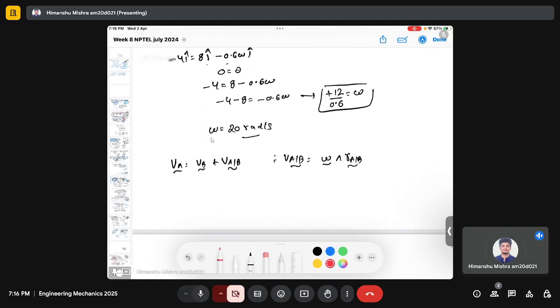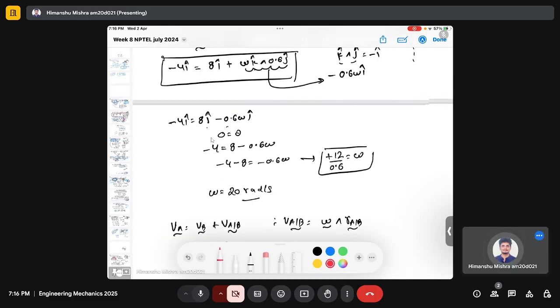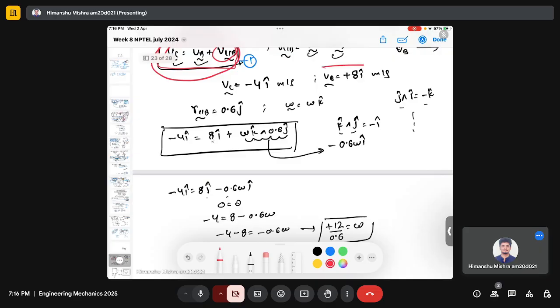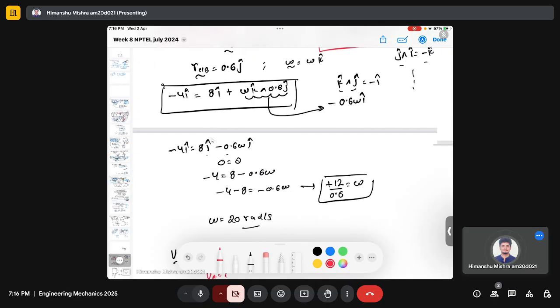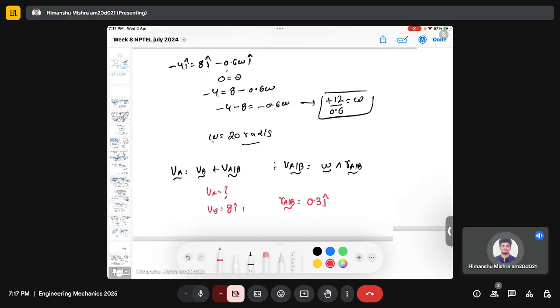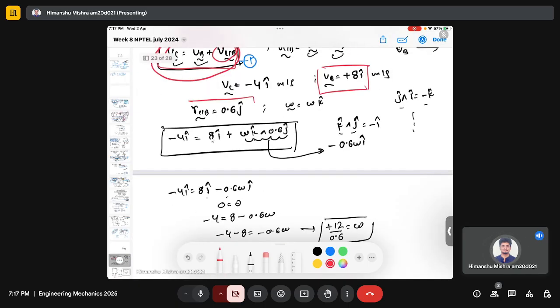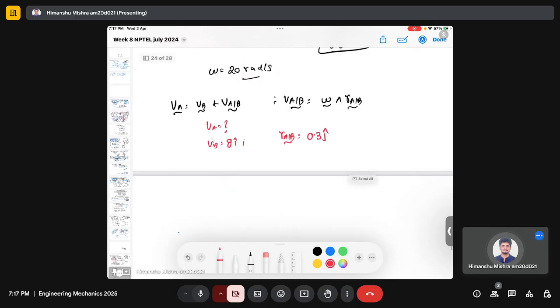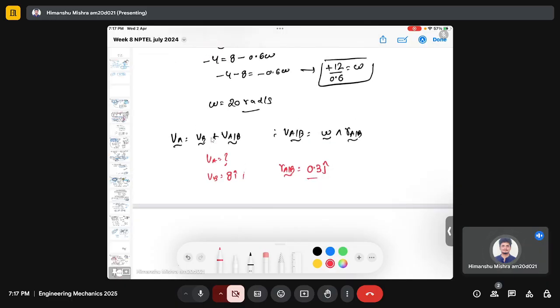Now I need to identify all the vectors. My VA is unknown, which I have to find. My VB, which we already defined, is plus 8i. My position vector is 0.3j. Earlier it was the diameter, so it was 0.6j, which is the position vector between C and B. Now the position vector between A and B is just a radius in the y direction, so it's 0.3j.